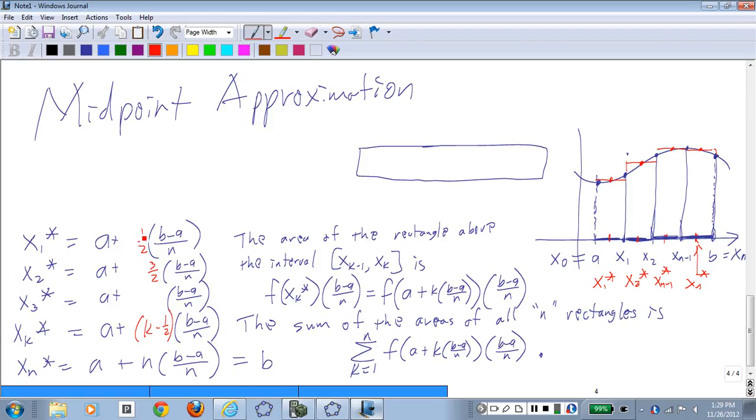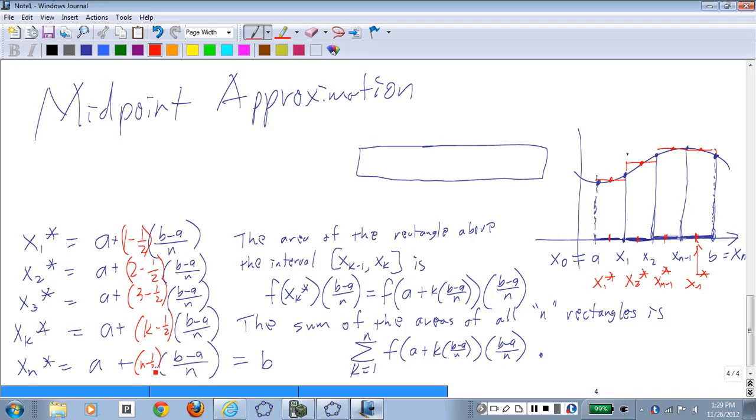This would be 1 minus 1/2 equals 1/2, doesn't it? Yes. 2 minus 1/2 equals 3/2. 3 minus 1/2 would work there, and the last one would be n minus 1/2.